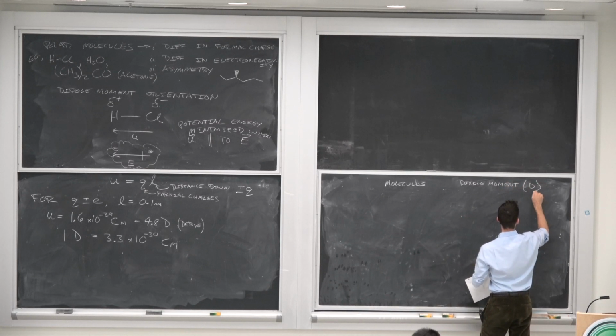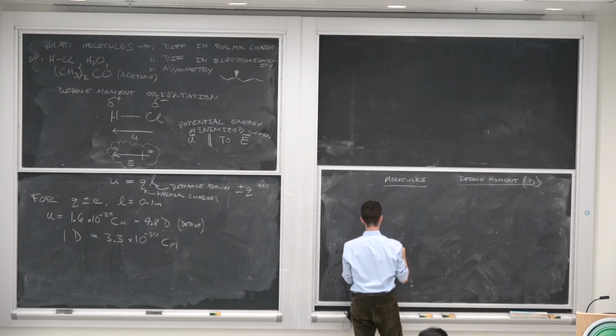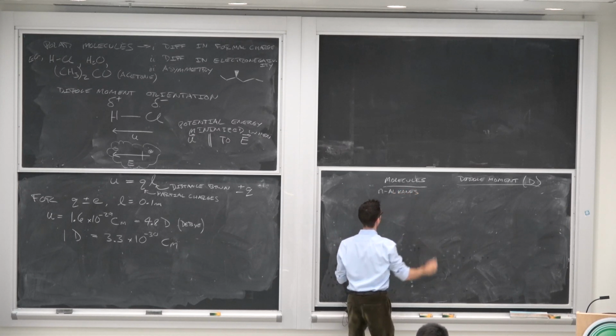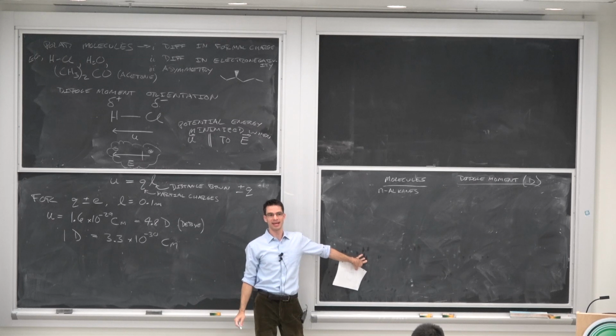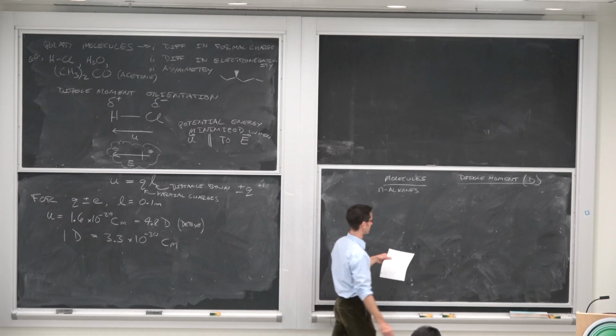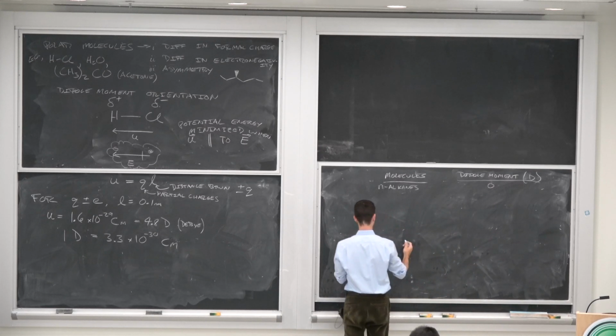Dipole moment in units of D. N-alkanes, so hexane, octane, anything with a straight line of carbon atoms with hydrogen atoms sticking off of them: dipole moment of 0.